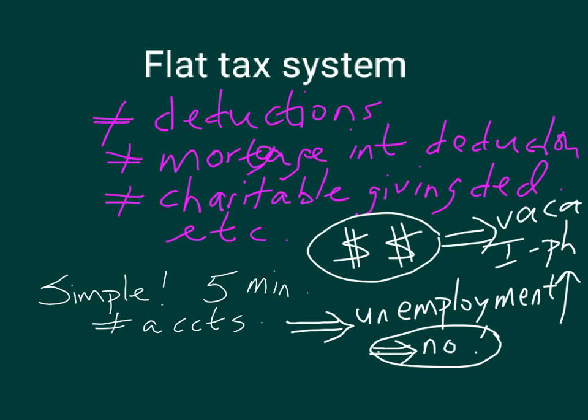And the additional expenses on that will create jobs that will offset the decrease in the accountants and the tax auditors. So unemployment in one sector of the economy might increase, but then unemployment in another sector will decrease, and they will offset each other. The big advantage of a flat tax system is that people can actually buy stuff that they want, and that gives them a lot of value instead of having to spend it on accountants and tax software.